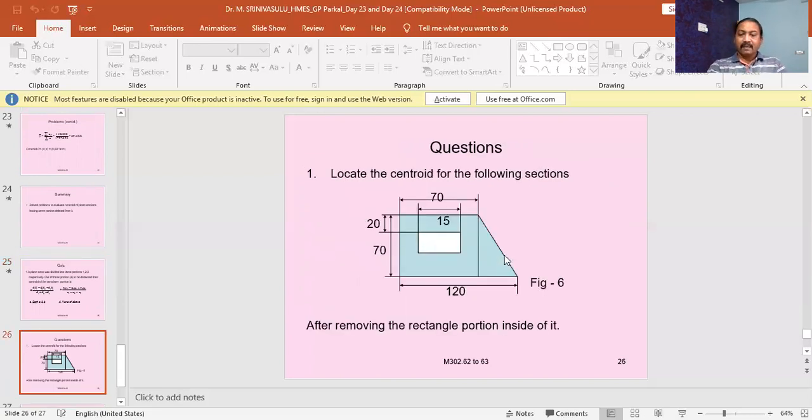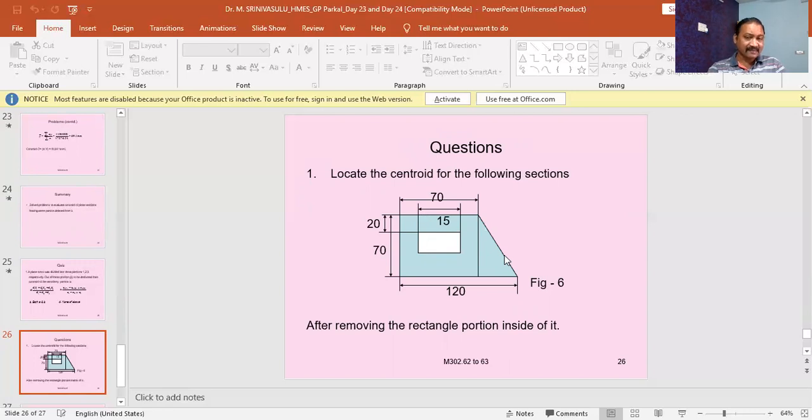And this is one of the figures for the exercise, and you are supposed to find the centroid. Locate the centroid of the following sections. This is a section in which we have three parts: the first one is the bigger rectangle and a triangle, and the third one is a smaller rectangle.